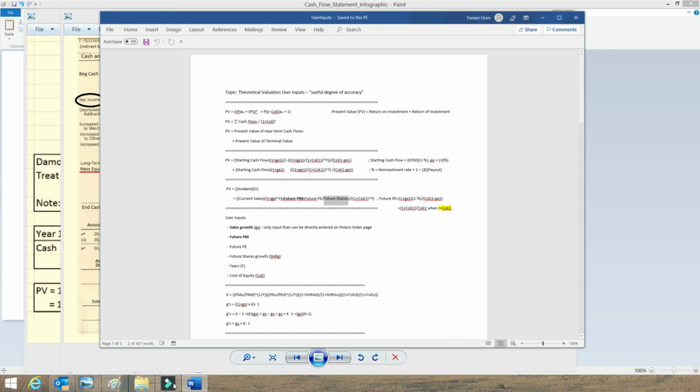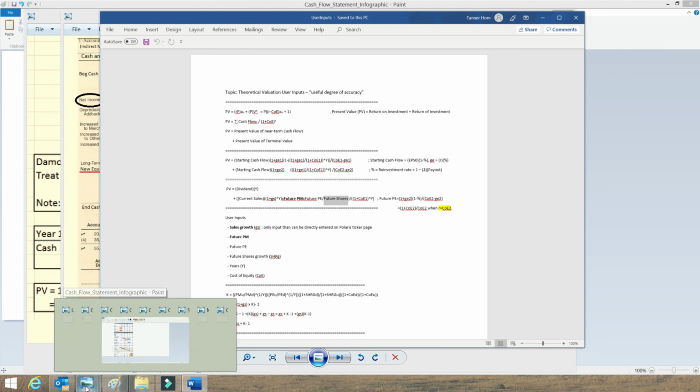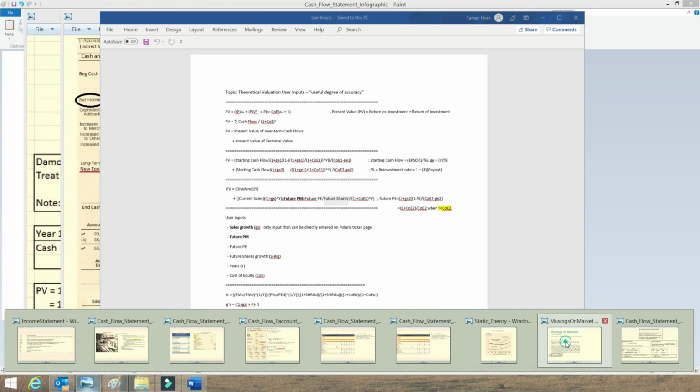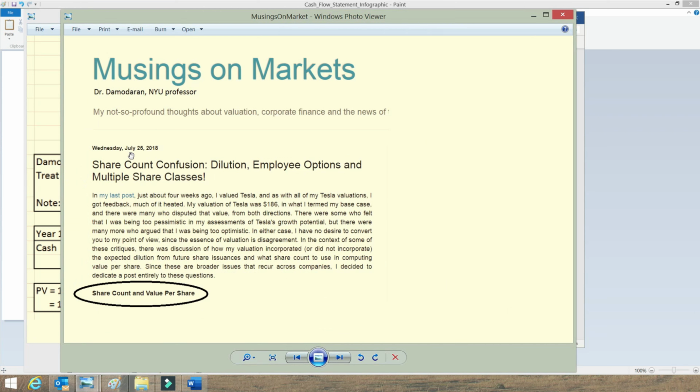But as a reminder of the justification for doing that, you can go out to a July 2018 blog from Dr. Damodaran on his website called Musings on the Markets, and he talks about different ways to handle share count in a valuation calculation.